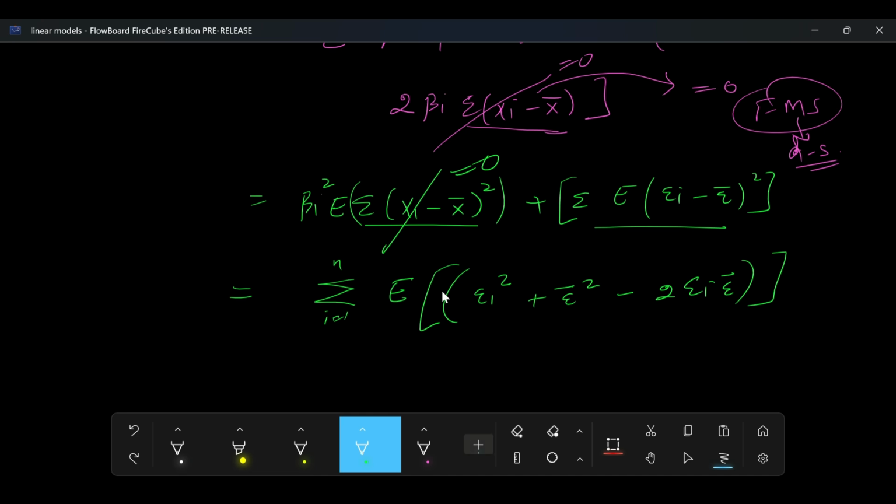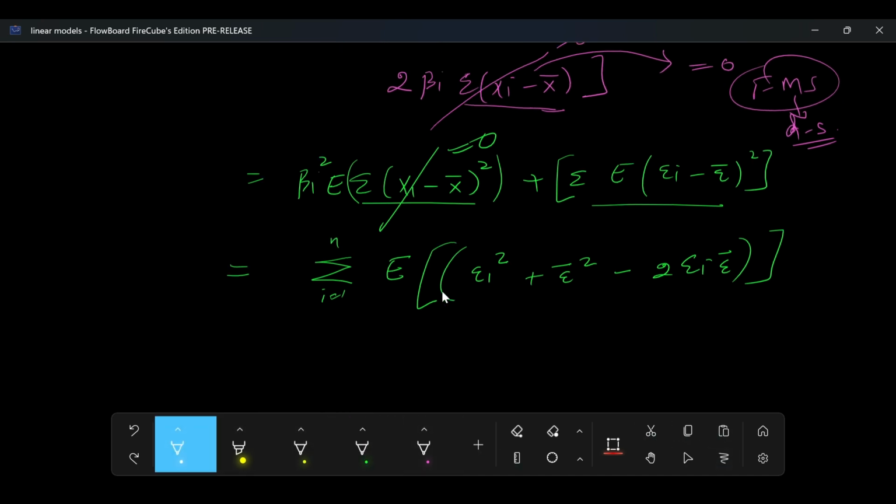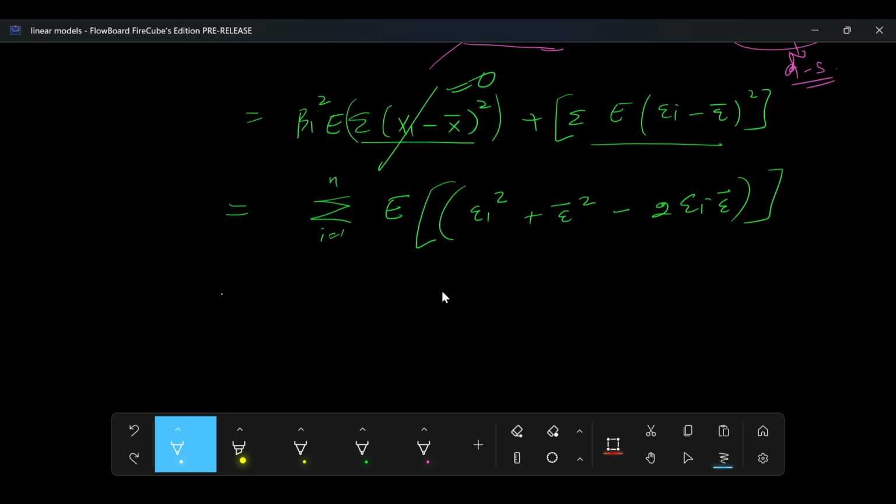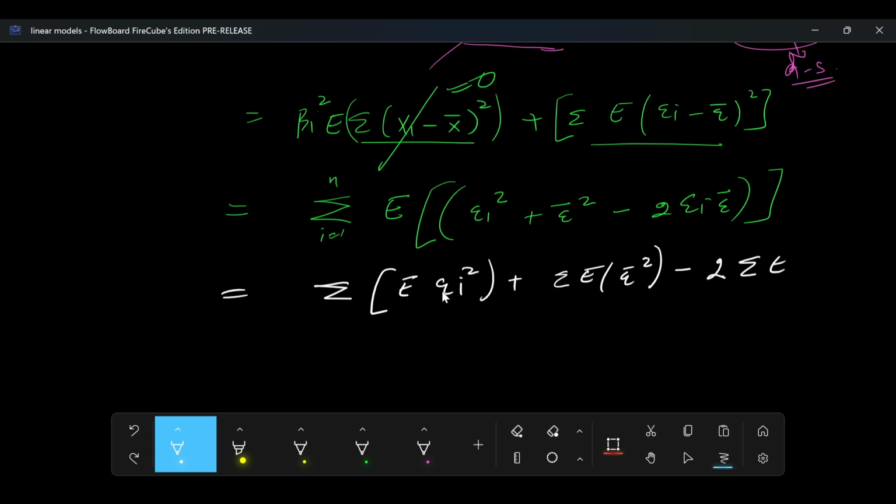Now this is equal to, operate expectation inside. So this is summation expectation of ei square plus summation expectation of e bar square minus 2 summation expectation of ei e bar.